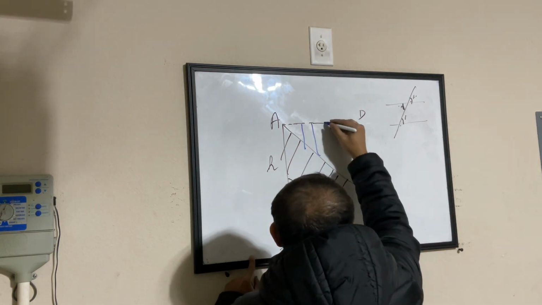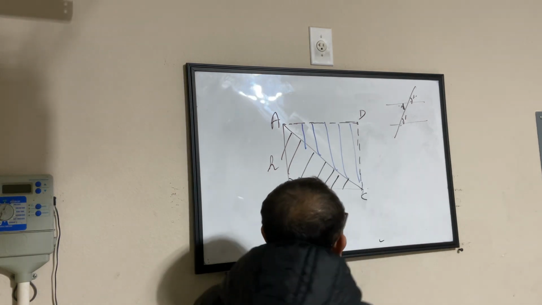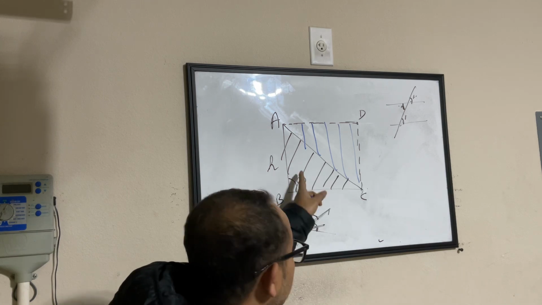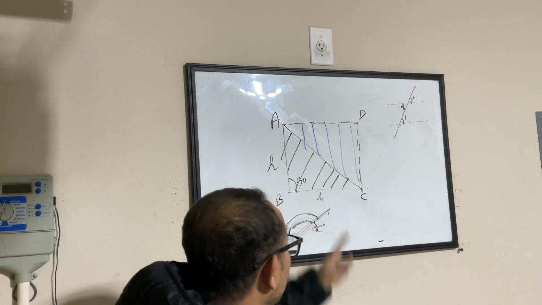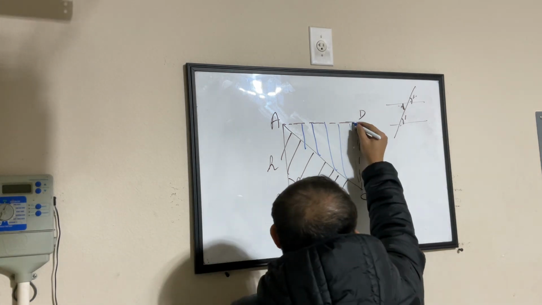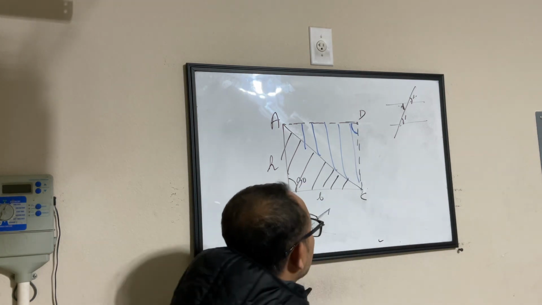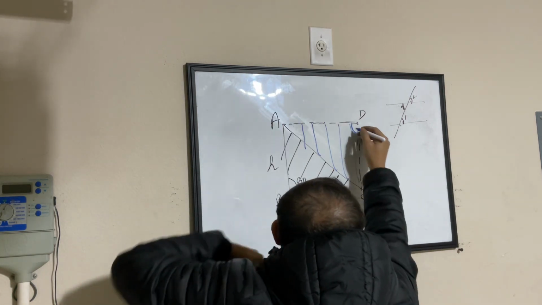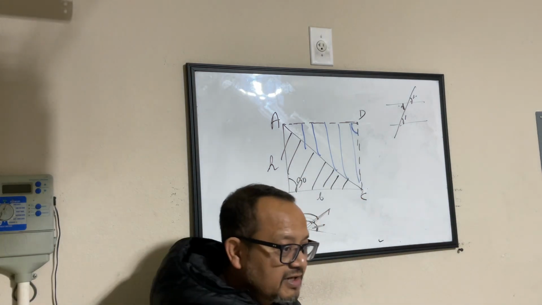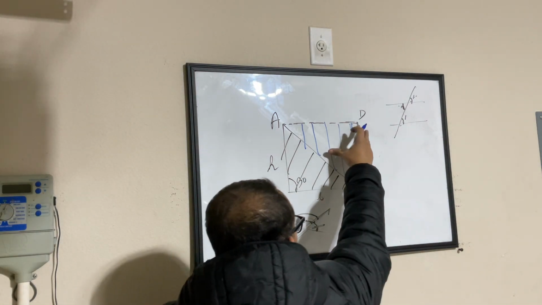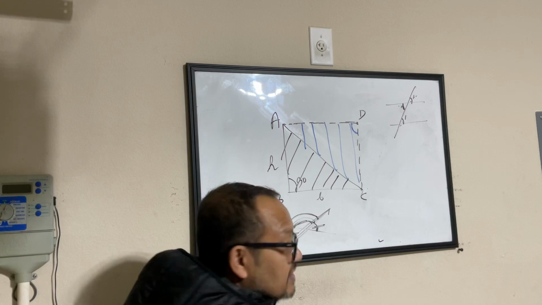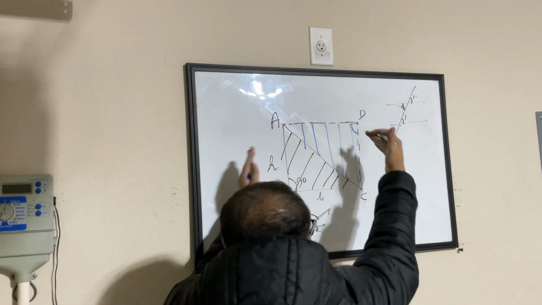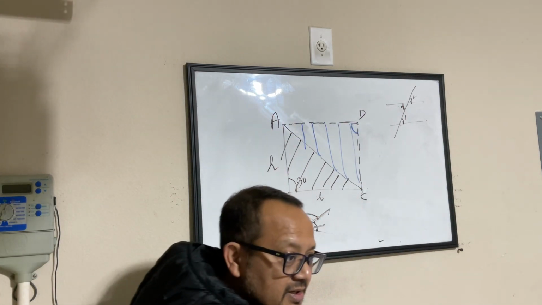So I have two triangles now. One is the blue triangle and one is the black one. And both are right angle triangles, because when this one is parallel to this guy, it is meeting at 90 degrees. So the blue one is a right angle triangle, the black one is a right angle triangle, and together they form the rectangle for me. Is this part okay?